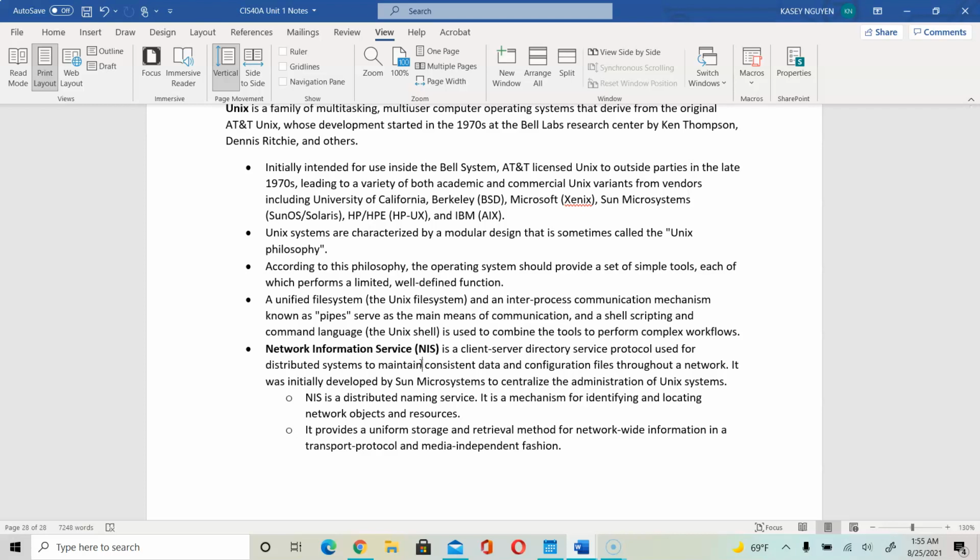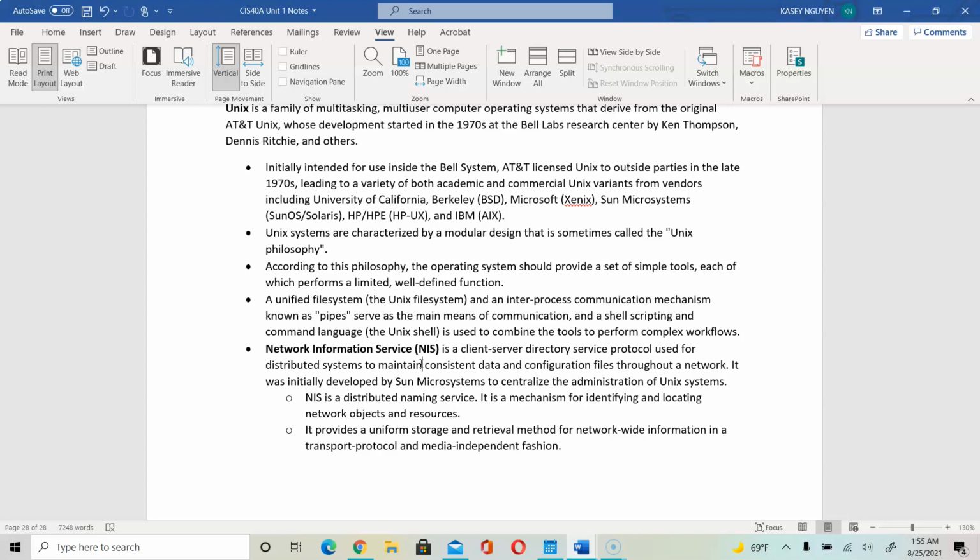Network Information Services is a client server directory service protocol. It's used for distributed systems to maintain data configuration files in the network. And it is a way that we would use for distributed naming services.